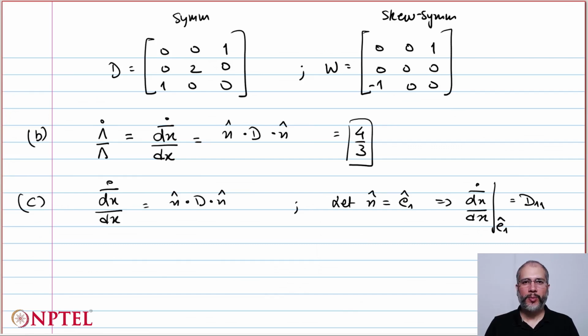And if I rotate my coordinate system in such a way that my new E1 hat coincides with that n hat for which I get the maximum stretch rate, then my D11 will be the maximum rate of stretch per unit stretch.